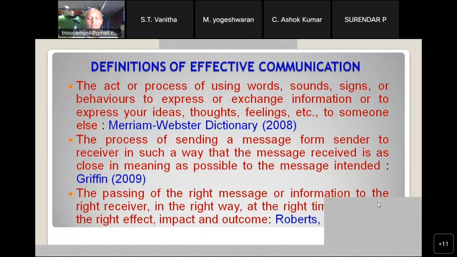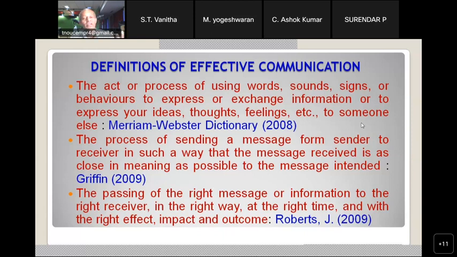And Griffin defines it as the process of sending a message from a sender to a receiver. So in communication, there is a sender, there is a receiver, in such a way that the message received is as close in meaning as possible.